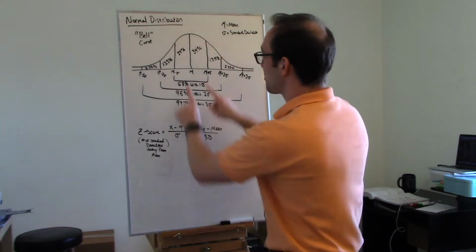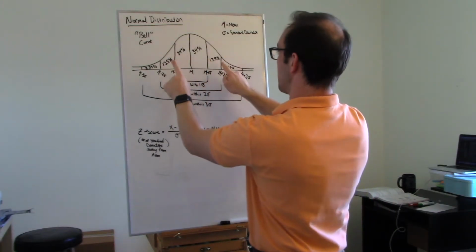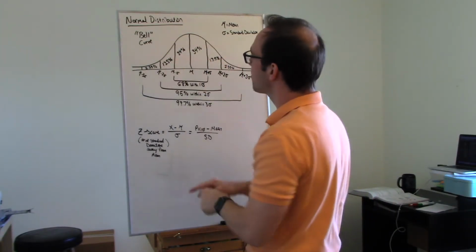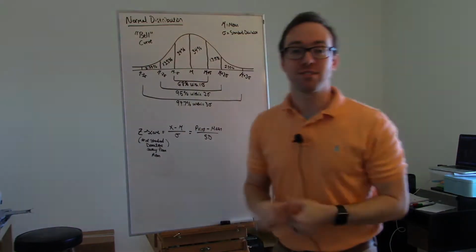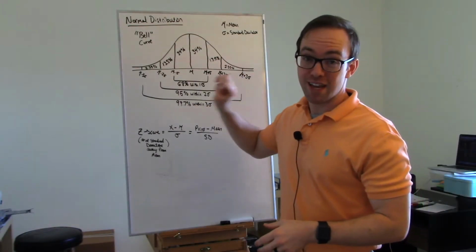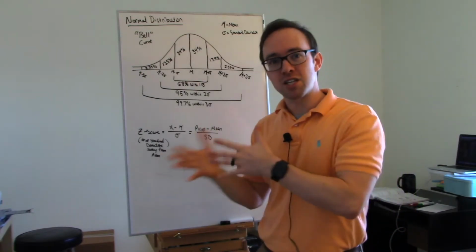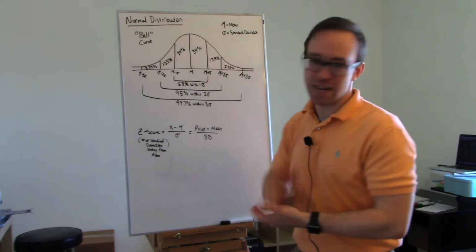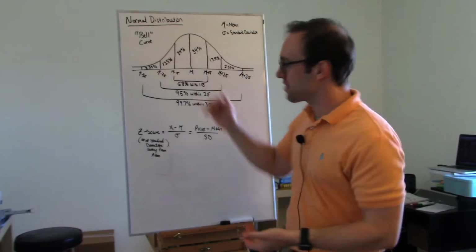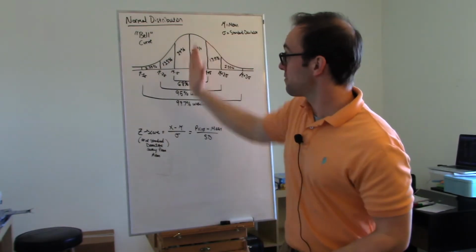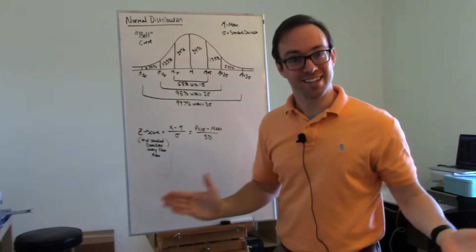So if you break that down, you have 34 and 34, 13.5, 13.5, and 2.35. These are specific and will allow us to know at what cutoff line things may be to create 68% of the data, to create 95% of the data, to create 50% of the data.